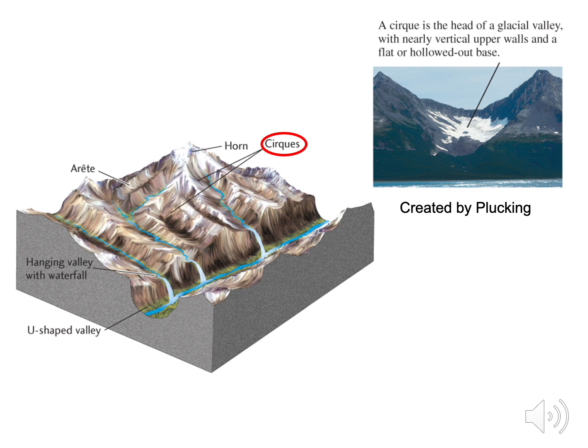The first feature I want to introduce is a feature that's referred to as a cirque. We can see a photograph of a cirque that just appeared on the right-hand side of the screen. The cirque is at the head of a glacial valley, and it has nearly vertical upper walls that are flat and kind of have a more hollowed out base.